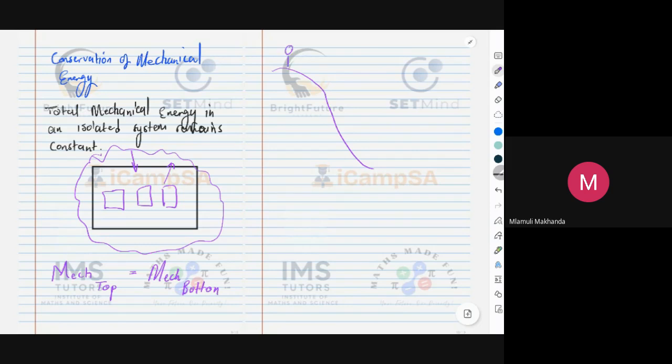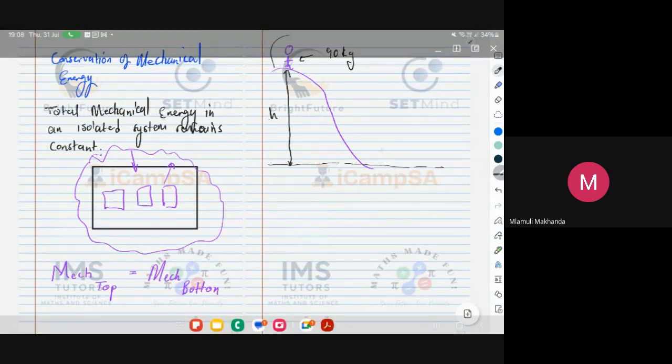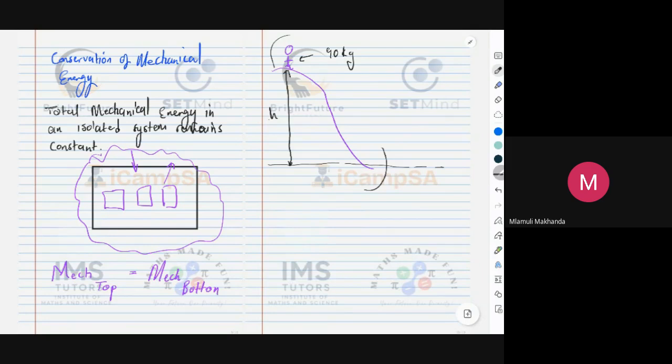This mountain, this is the ground. So we've got the height here, which is H. You are a person, so you must have a mass, which is 90 kg. So now we are here. The mechanical energy here at the top is going to be equal to the mechanical energy here at the bottom.